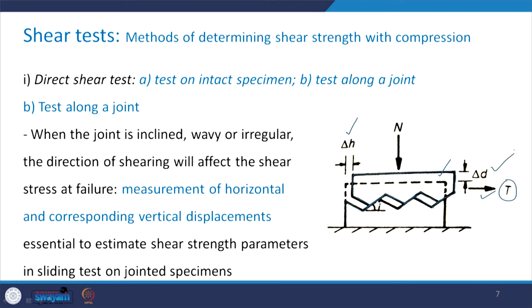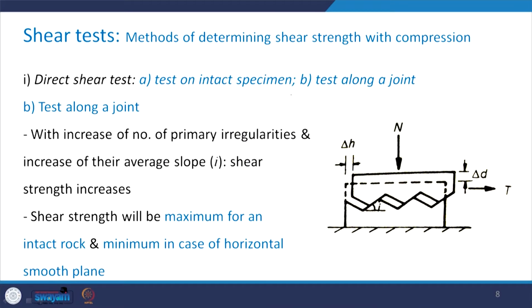Therefore, both horizontal and the corresponding vertical displacements are essential to estimate shear strength parameters in sliding when the test is conducted on jointed specimen, because most of the time the joint surfaces are going to be wavy or irregular.